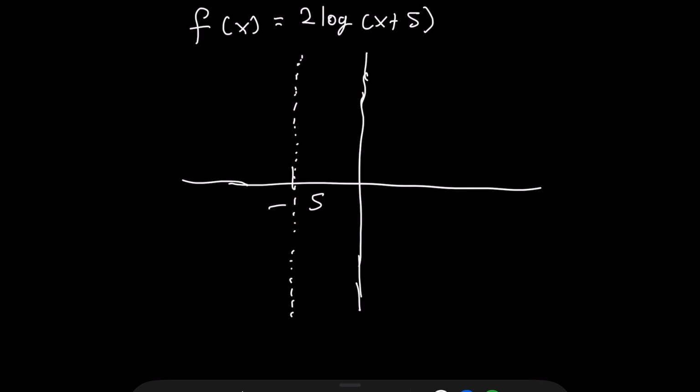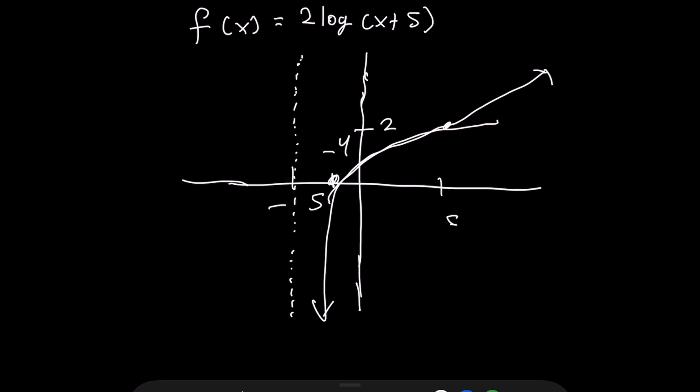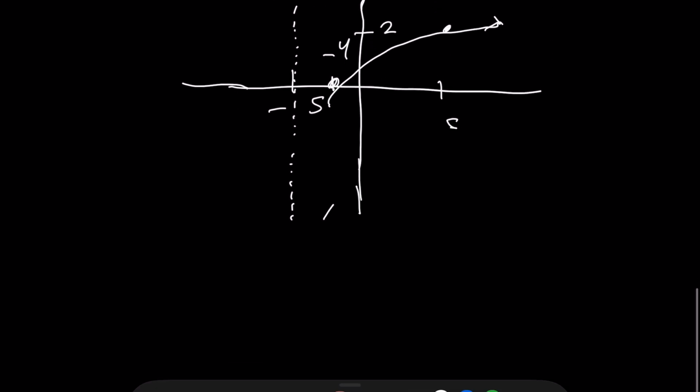If you plug in -4, that'll give you the 0 of the logarithmic function. And you can also plug in 5, because log of 10 is just 1. So that gives you 2. Therefore, all you gotta do, even though it should look more like that, actually that's better. There, you know what? You guys get the point. It's fine.